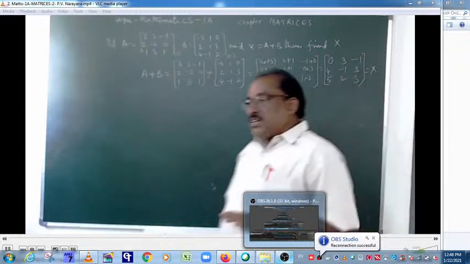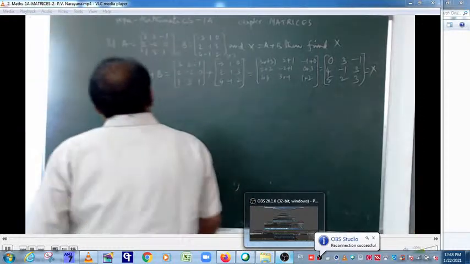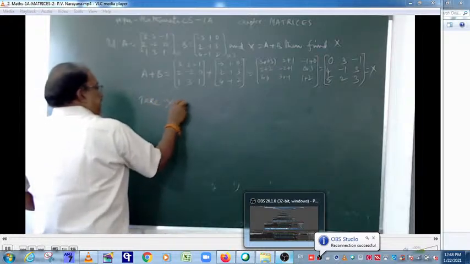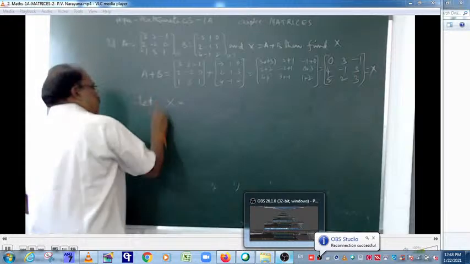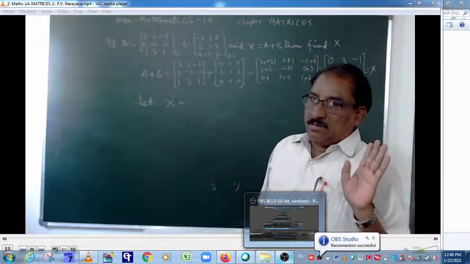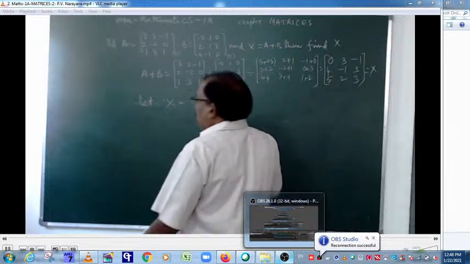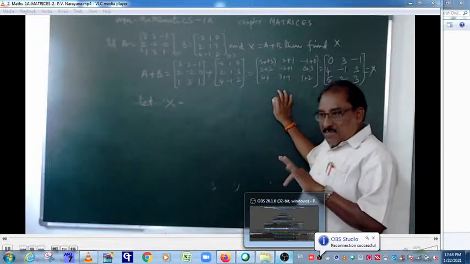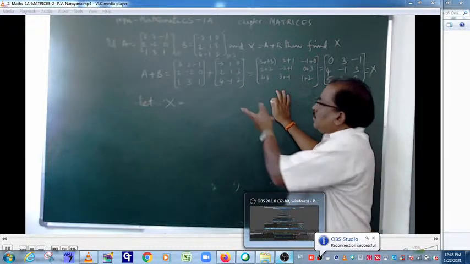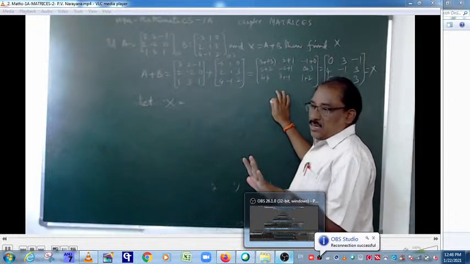What is X here? X is a matrix. Let X be equal to the resulting matrix of A plus B. After getting the addition of A plus B, the order of X is the same as that of A and B. What is the order of A and B? 3 by 3. So we have to take a matrix of the same order.